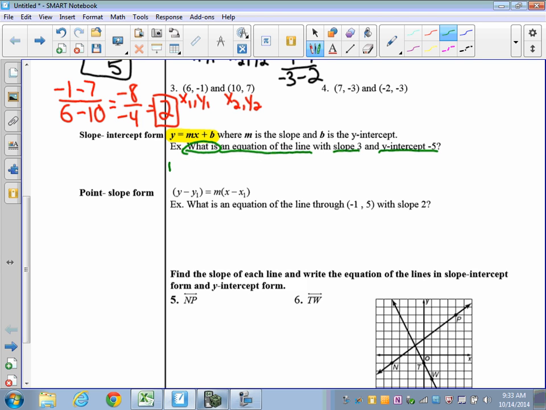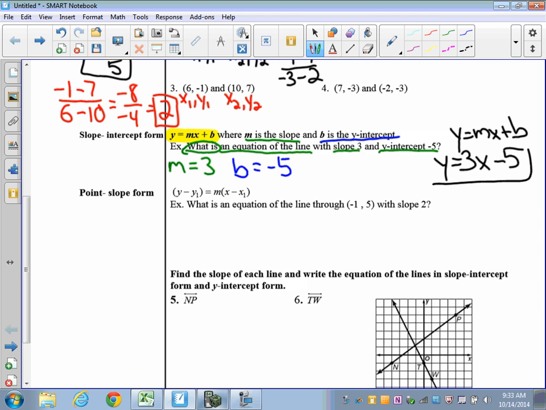So that just means m is 3, because remember, m is the slope. And b equals negative 5, because b is the y-intercept. So whenever I fill those in, y equals mx plus b, y is equal to 3x minus 5. That's it.